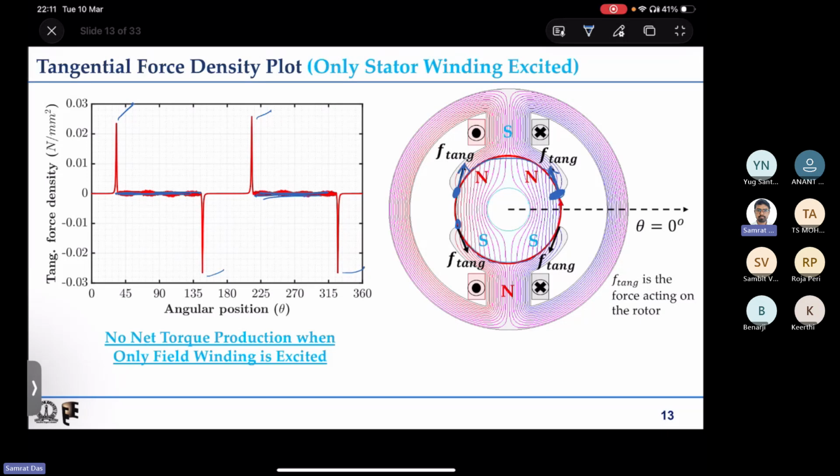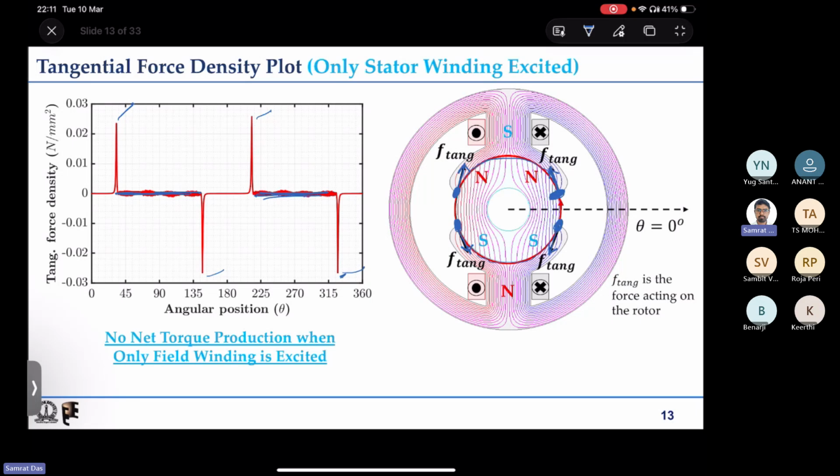Again some small tangential force is applied in this small area in the positive direction, that is anti-clockwise. And again some small tangential force density is applied in this small area, that is again negative, that is in the clockwise direction.